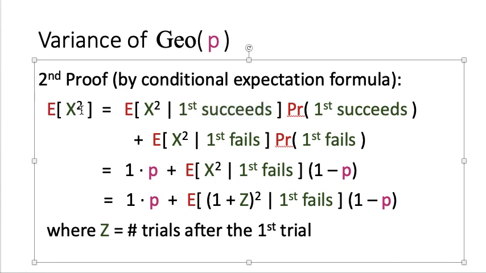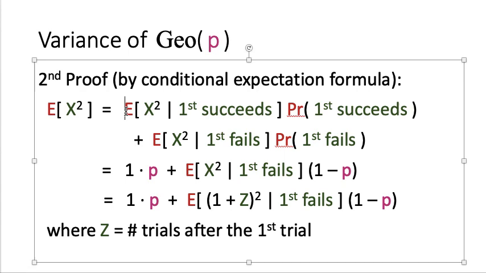So the expected value of x squared can be written as the weighted sum of the expected value of x squared given the first case plus the expected value of x squared given the second case. The corresponding weight will be the probability of whether the first trial is successful or whether the first trial is failing.